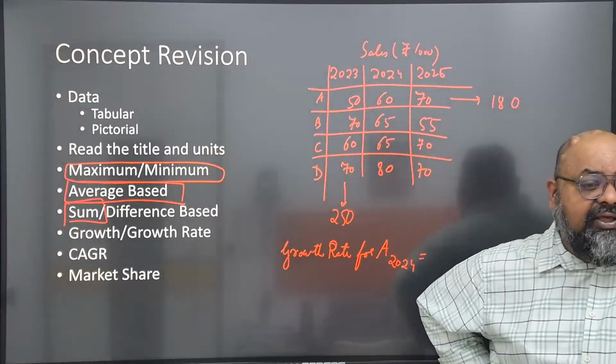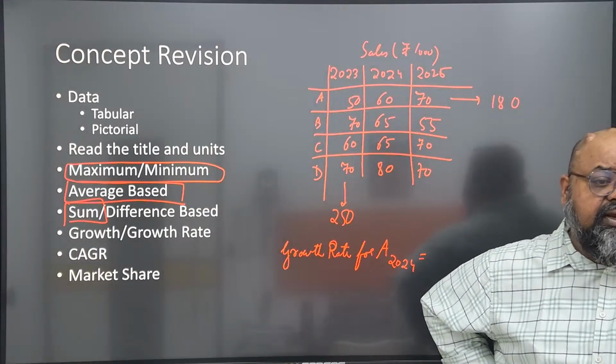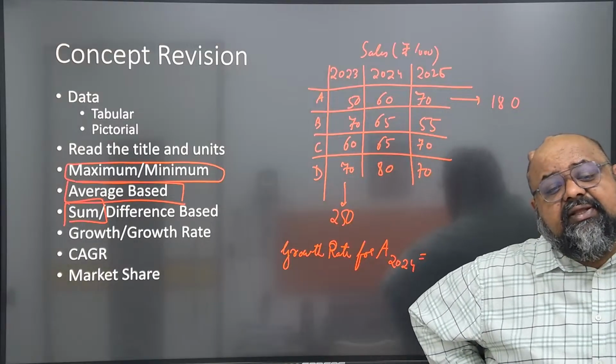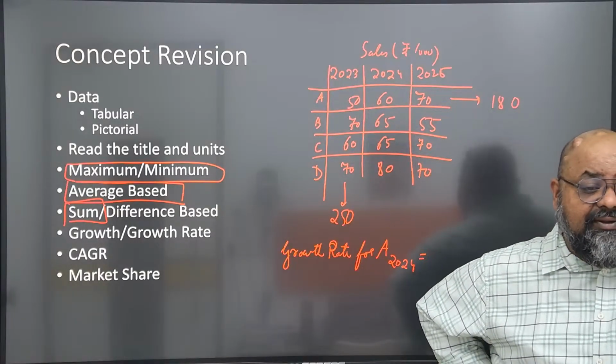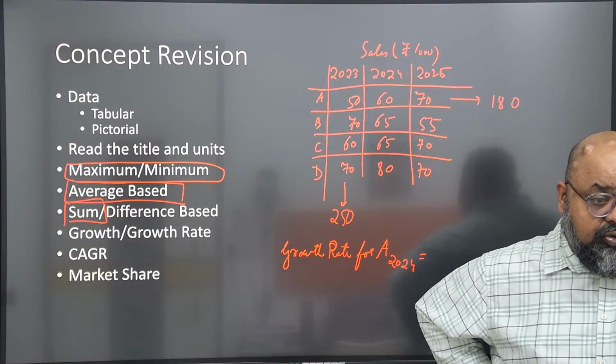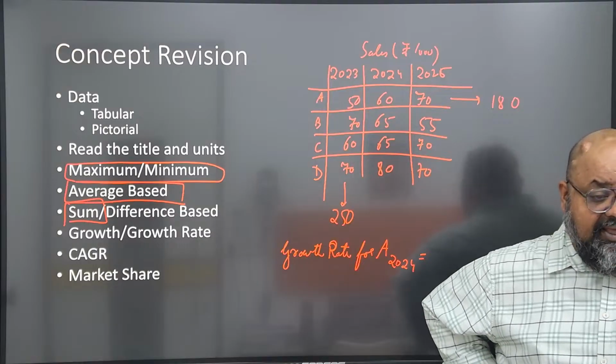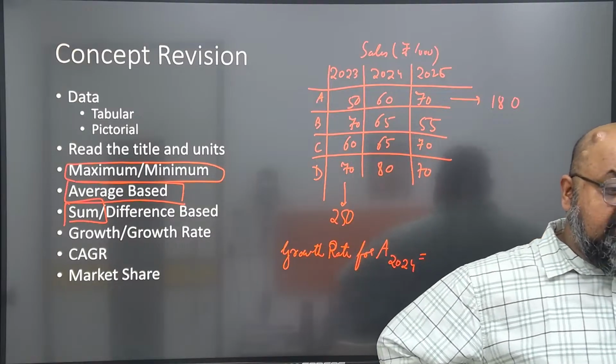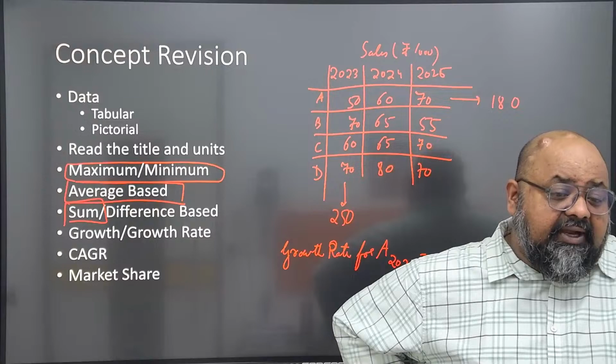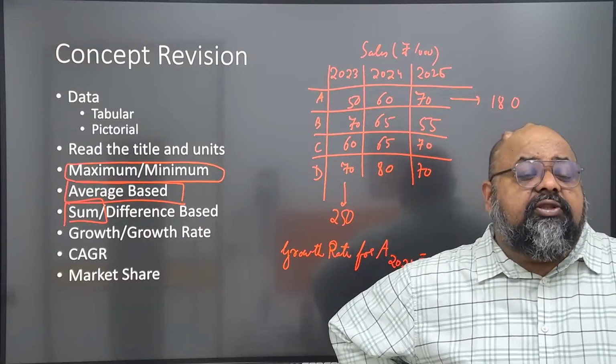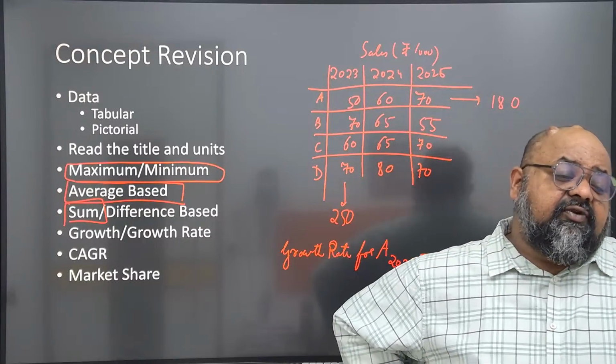When we talk of yearly growth and we are trying to find out the growth for a year, please understand that that growth will always be compared with the previous year. So growth rate for 2024 for A is the percentage increase that A sees from the year 23 to 24. The growth rate for any year is the percentage change from the previous year.